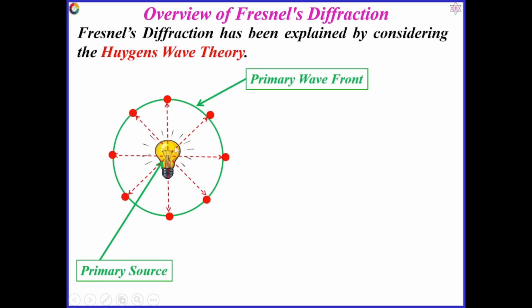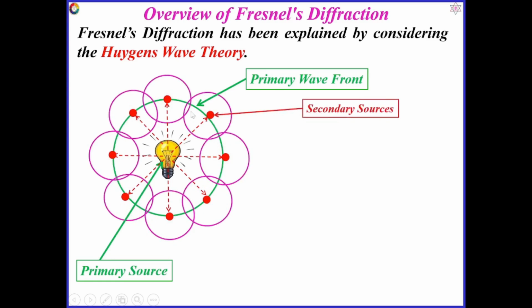This is our primary source, but each and every point on this primary wave front will be considered as a secondary source. So these are our secondary sources. Consider any one of the secondary sources. From this source also the wave, or the light, will travel in all directions.